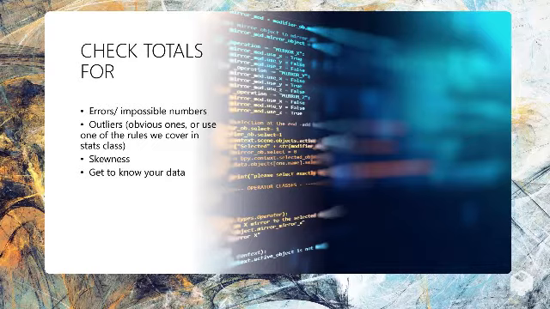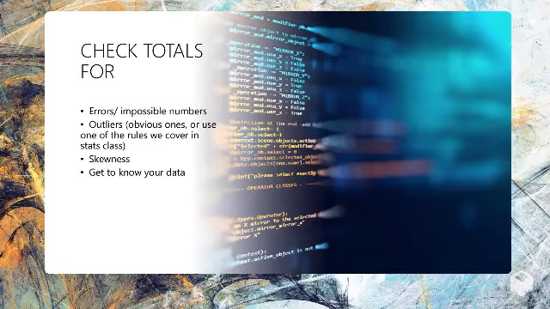So make sure that if it has errors, if it has impossible numbers, in particular, if you had to do any kind of formula where you had to add these 4 and multiply by 5 and then divide by 7 or do anything like that, you might want to check and make sure that it happened correctly, that what you did in SPSS to total the scale is what you intended to happen. Maybe check a couple of cases and hand score them.